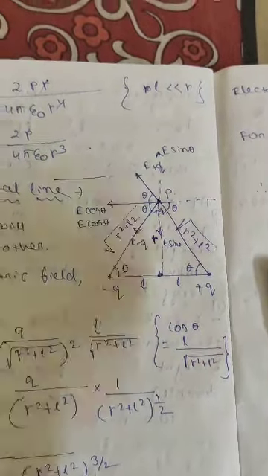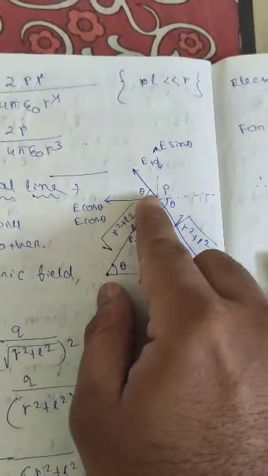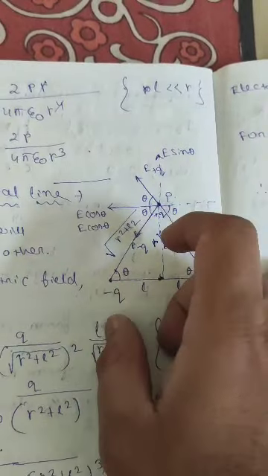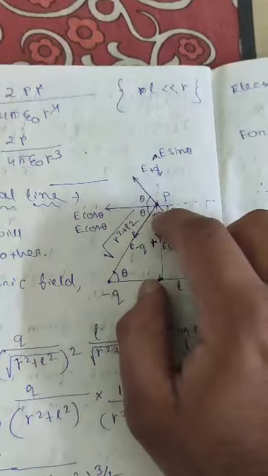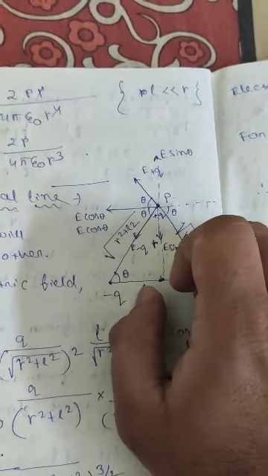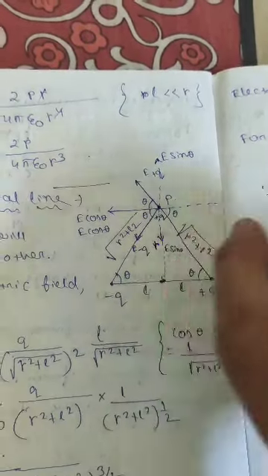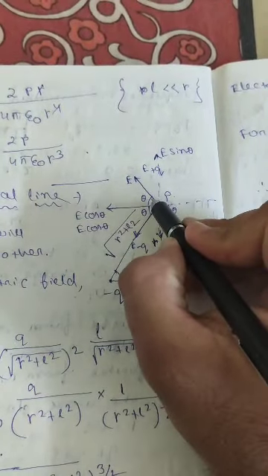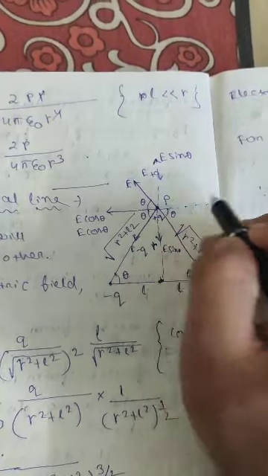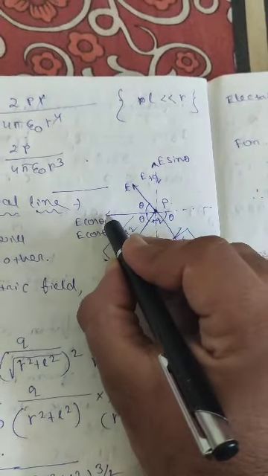Now let us use the component method. For this E, with this angle theta, the resultant will be on this side.